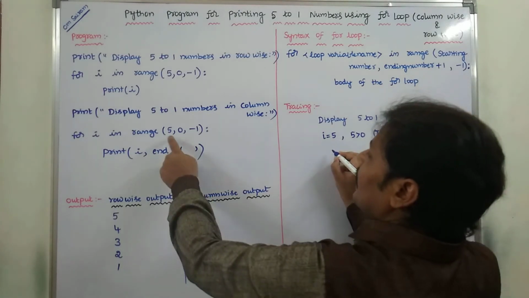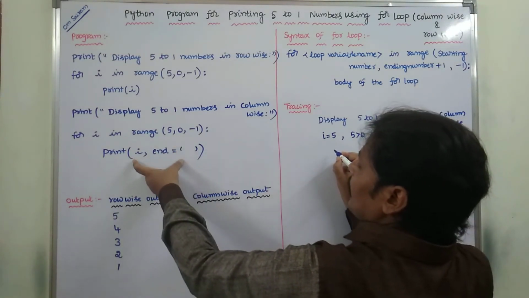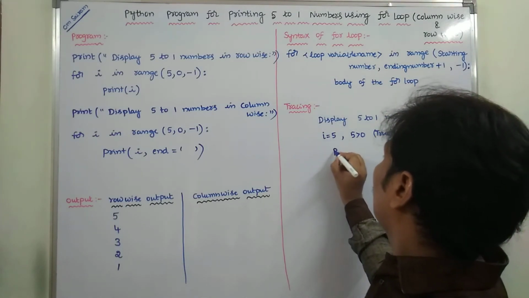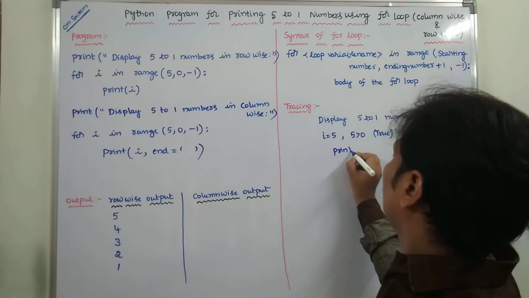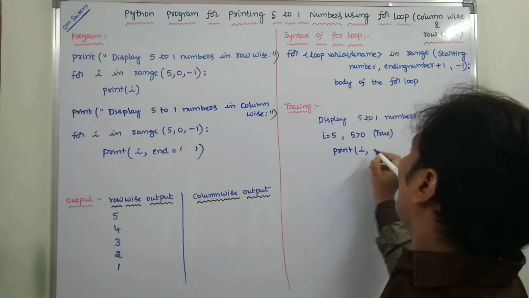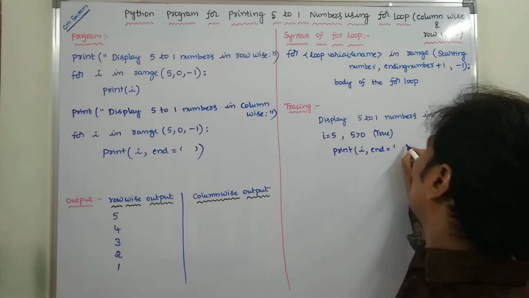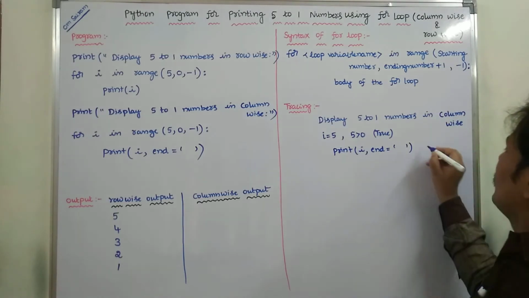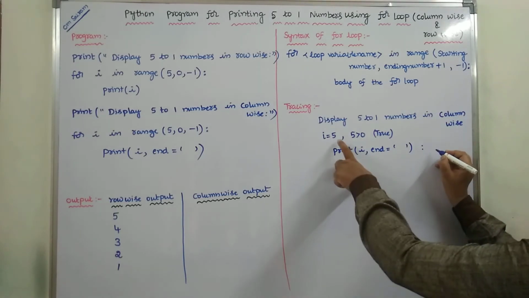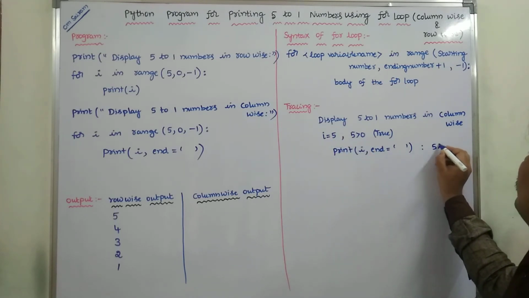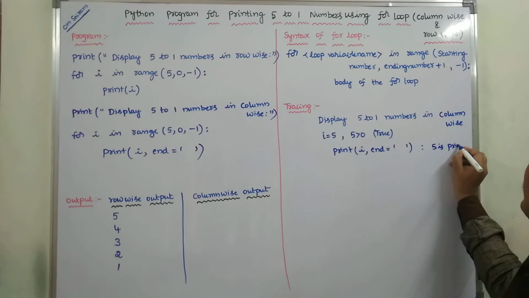Next statement: if the condition is true, then the control goes to the statement within the body of the for loop. So print(i, end=' '). What is the i value? 5. 5 is printed.